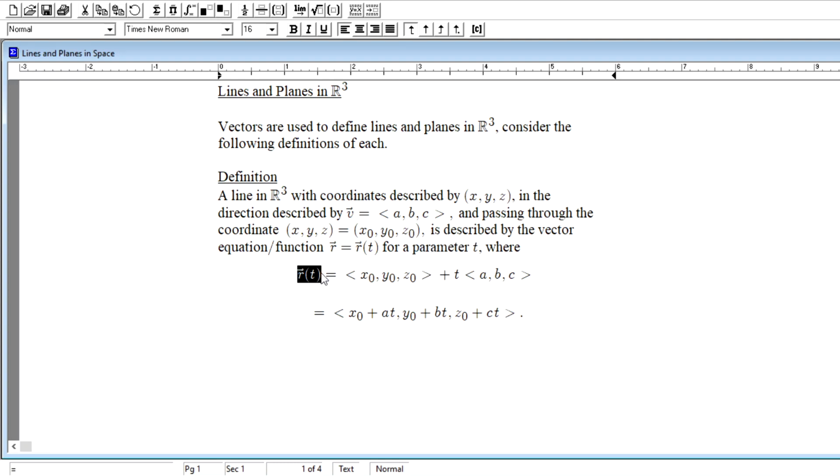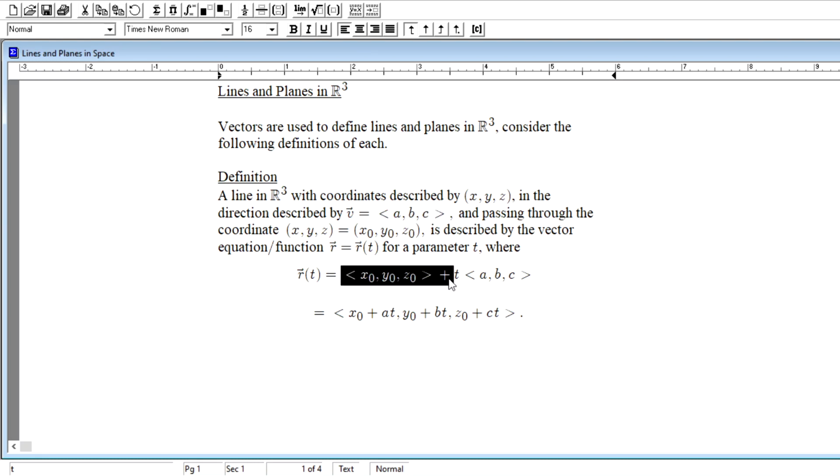And that would be where this vector function, which describes this line in space, would be given by the vector describing the location x null, y null, z null, that coordinate in our space with respect to the origin, added to the parameter t times the vector <a, b, c>, which is the vector describing the direction of this line.